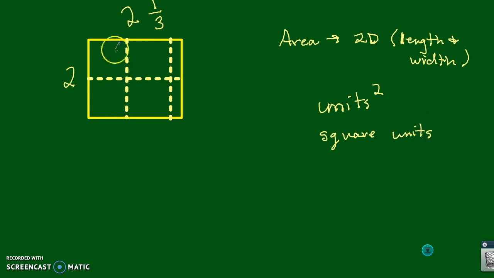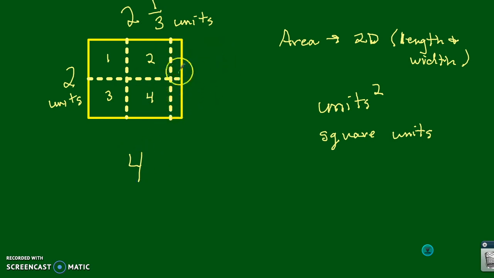So as we look at this rectangle right here, we can see that at the top it is 2 1/3 units, and the width on the side is 2 units. To find the area, we're going to count the squares. Area is always measured in squares. So here you can see we have 1, 2, 3, 4 full squares.